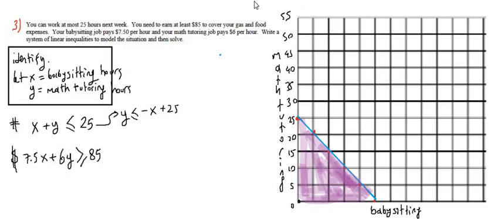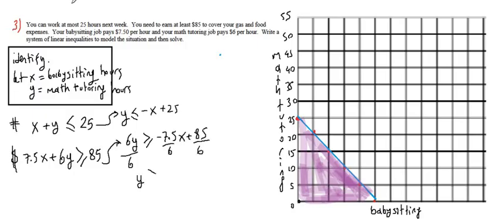Our second line is 7.5x plus 6y is greater than or equal to 85. Here, subtract 7.5x on both sides. Negative 7.5x plus 85. Now divide everything by 6.